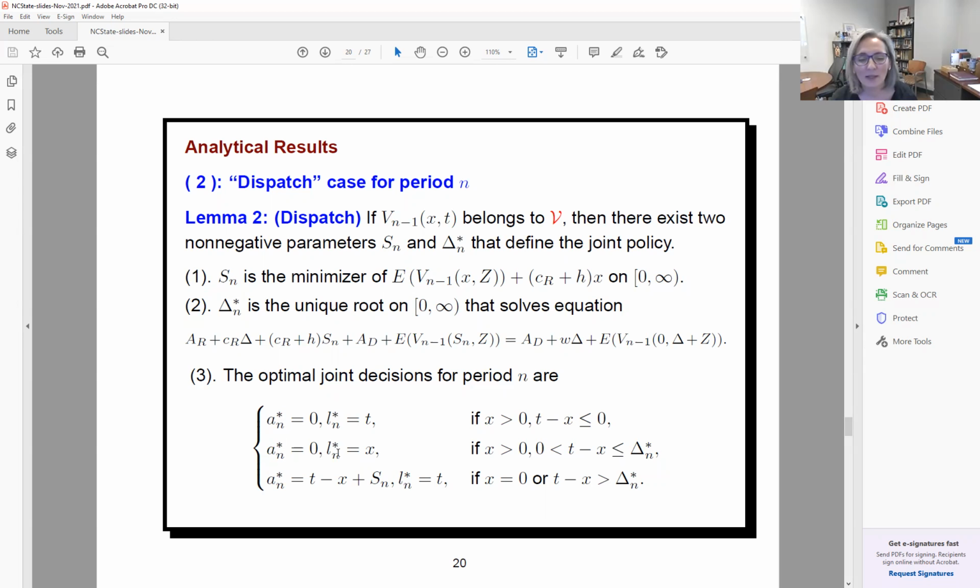That is, there is this case in the middle where you clear some of the outstanding load waiting to be released as a consolidated shipment using your supply, but you leave some excess load to be cleared in the future. This is a very interesting finding because all of the existing practical shipment consolidation policies that I have discussed, quantity policies, time-based policies, and hybrid policies, are indeed clearing policies.